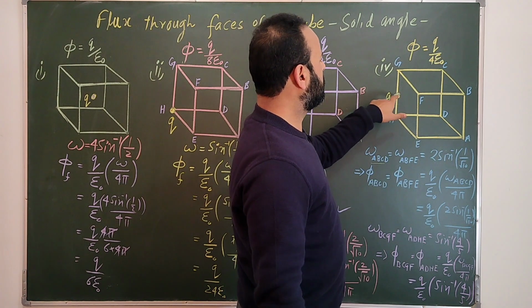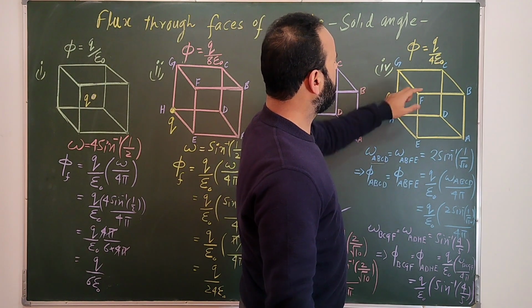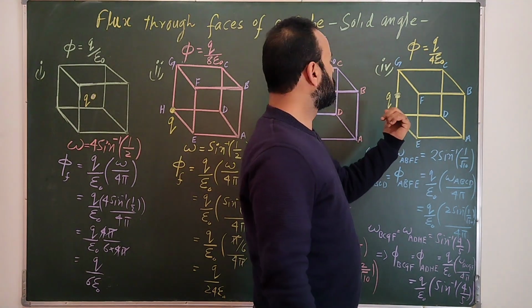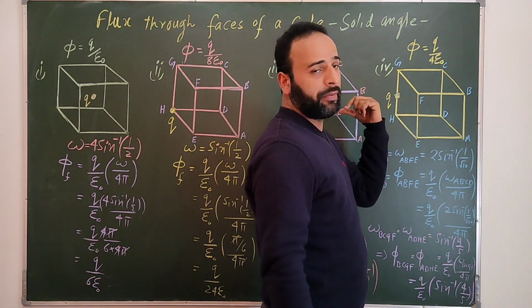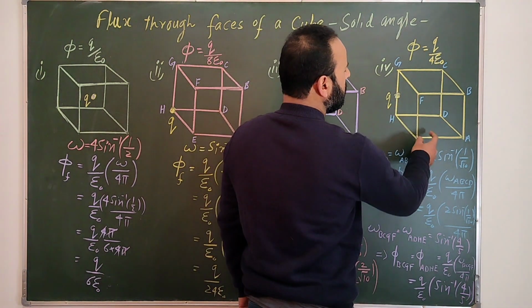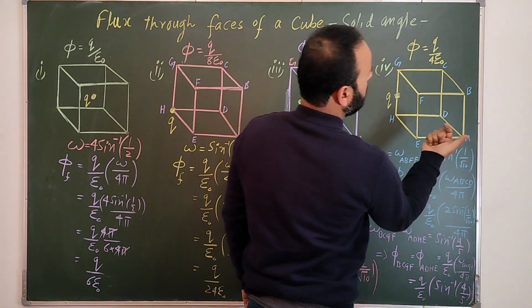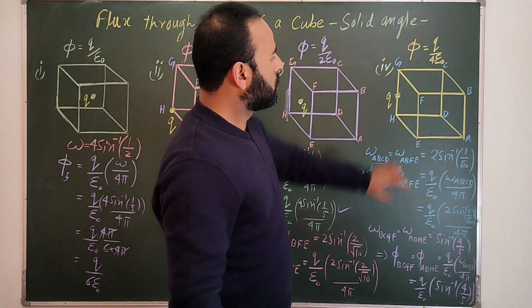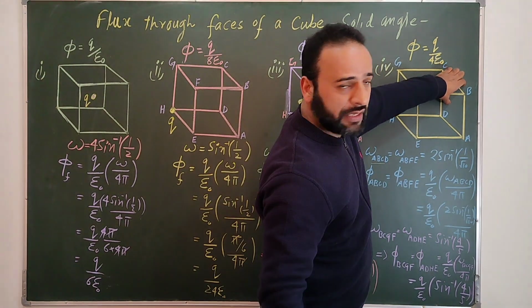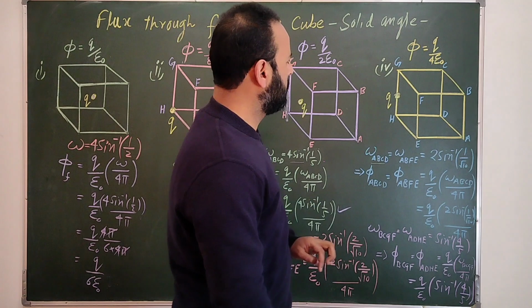Since the charge is on the two common faces, that is this back face and this left face, so flux through these two faces will be equal to 0, right? Now, the top and bottom, they are equally symmetric, and this side face and this front face, they are equally symmetric. So these two faces will have the same solid angle. These two faces will make the same solid angle at the charge.